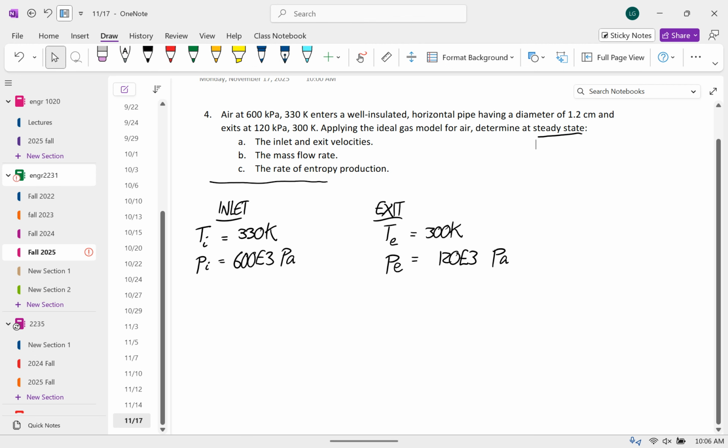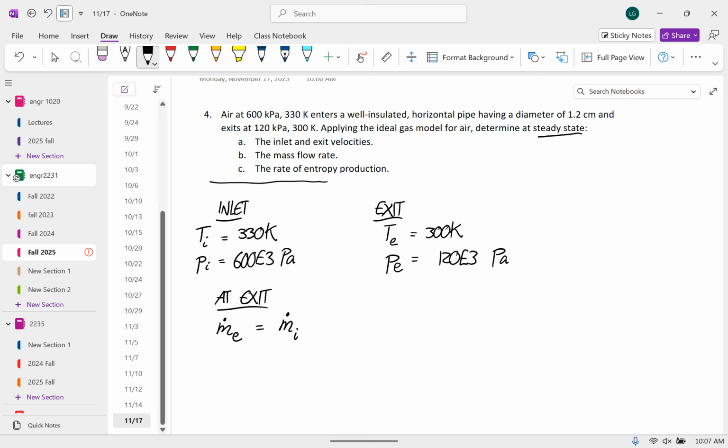So, okay, we're given, at the exit, we know that the mass flow rate, and since it's steady state, this is the same as the mass flow rate at the inlet, is equal to the area times the speed divided by the specific volume.